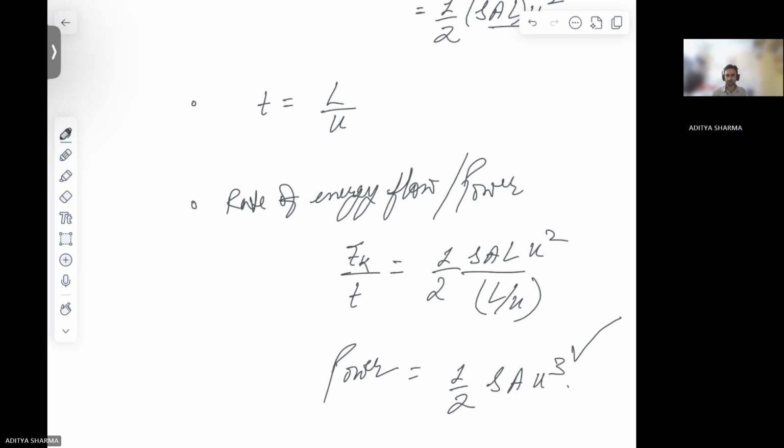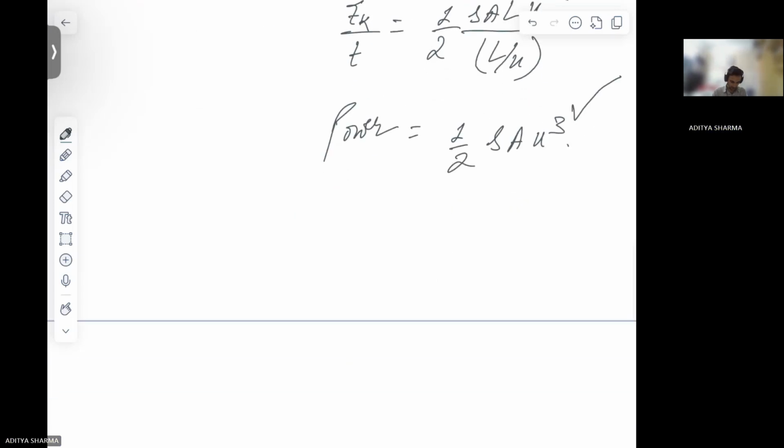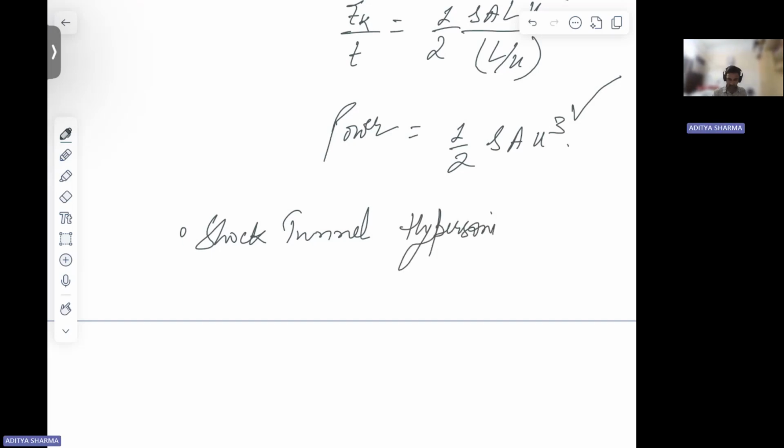Then briefly, we have been introduced to the shock tunnel. Its schematic I'll draw later. This is used for hypersonic flows. Now we know what hypersonic flows are, where Mach is greater than 5.